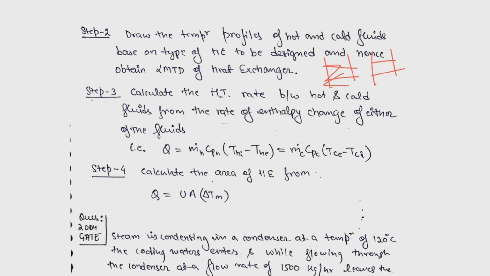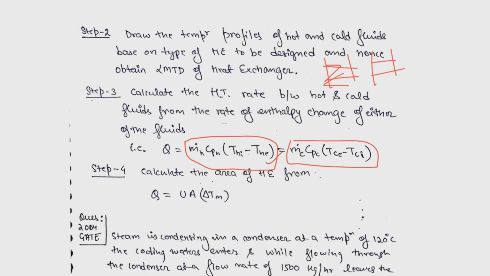Okay. After that, we have to calculate the heat transfer rate. That is, Q is equal to m dot H Cp H into (THI minus THE). You can use either of these formulas and calculate Q. And we have another formula for Q, which is U A delta Tm.